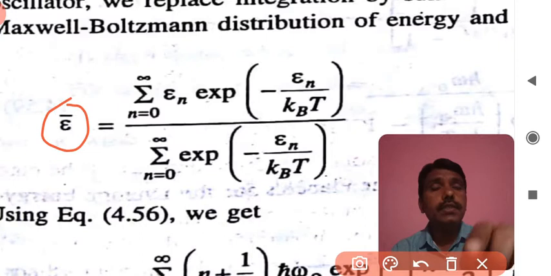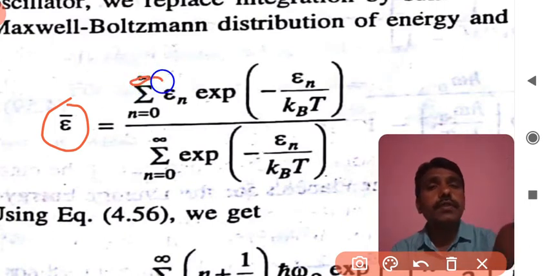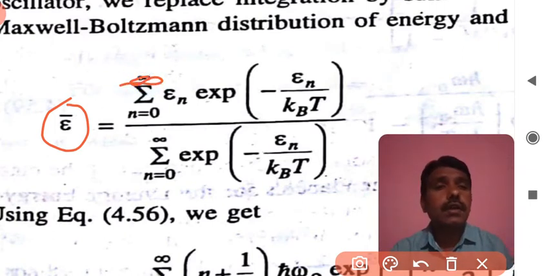That's why the integration is replaced by the summation, from n equal to 0 to infinity. Infinity here means we don't know exactly how large the number is. So it is the summation from n equal to 0 to infinity of epsilon exponential of minus epsilon upon k B T, divided by the summation from n equal to 0 to infinity of exponential of minus epsilon upon k B T.